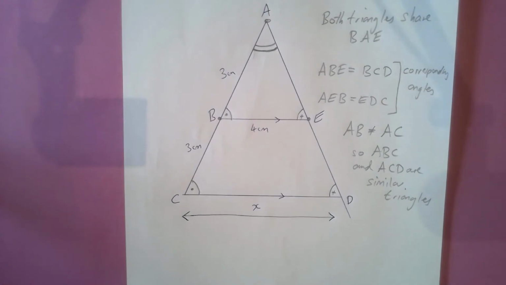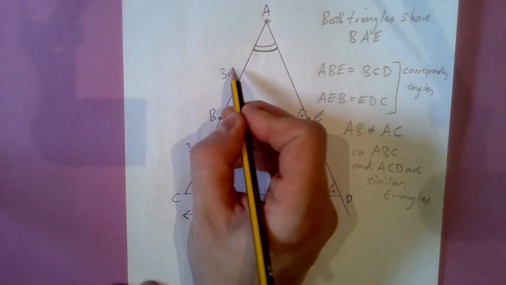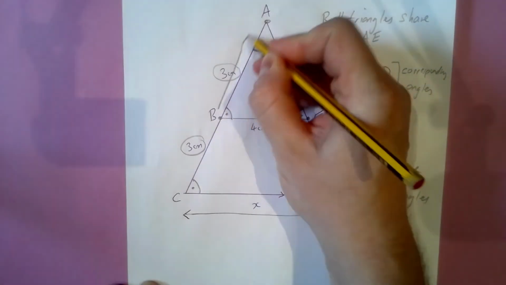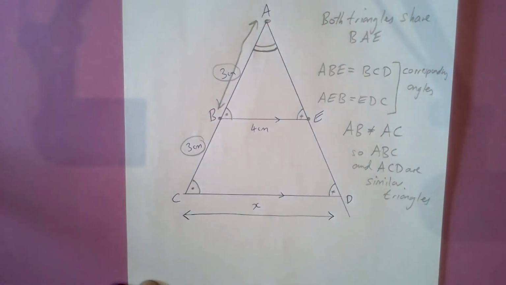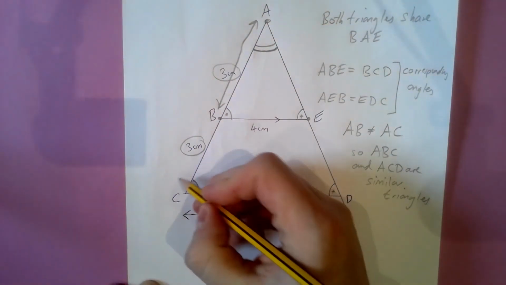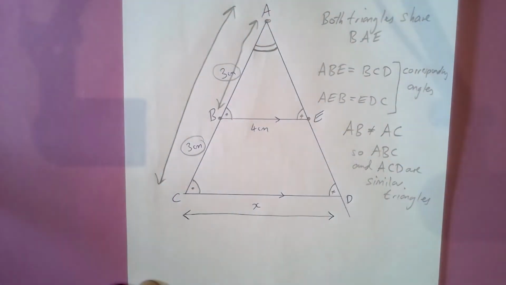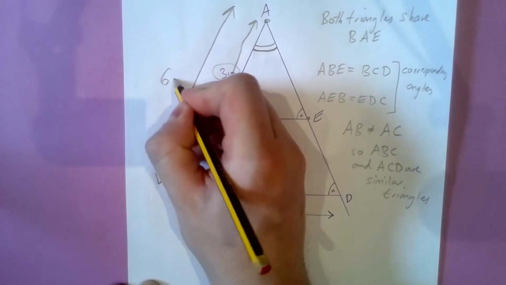To do this, we just need to find the scale factors between the triangles, and we're going to do that by comparing the side lengths, and the only information we've got uses these two bits here. So AB is 3 centimeters, which is the side length of the first triangle, but AC is the side length of the other triangle, which is 6 centimeters.